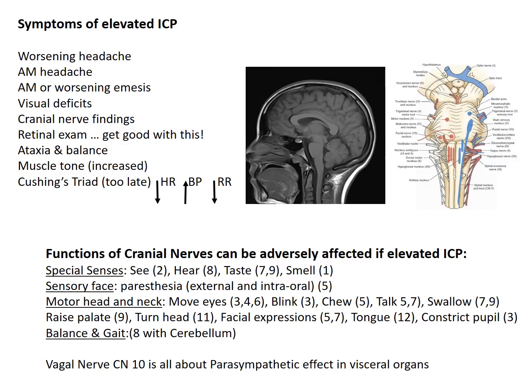So special senses: seeing, hearing, tasting, smelling, sensation on the face. Movement of the head and neck, movement of the eyes, blinking the eyes, chewing, talking, swallowing, raising your palate, right, saying ah, turning your head, facial expressions, moving your tongue, constricting your pupils. Those are all motor effects. And then gait and balance, the ability to walk a straight line, hold your balance.